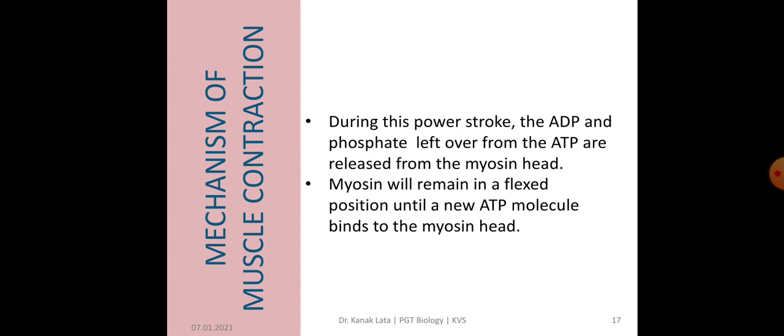During this power stroke, the ADP and phosphate left over from the ATP are released from the myosin head. Then myosin will remain in a flexed position until a new ATP molecule binds to the myosin head. So in this way, mechanism of contraction takes place.